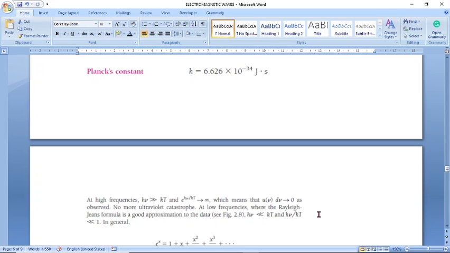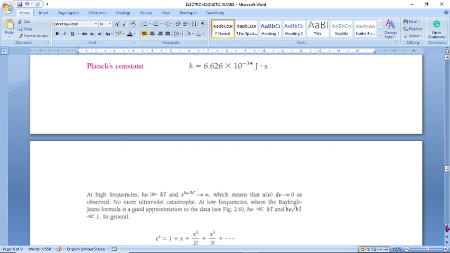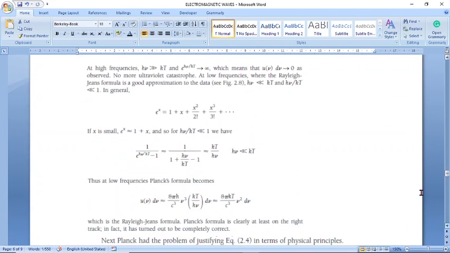At low frequencies, this approximates to the Rayleigh-Jeans formula. At low frequencies, h nu is much less than kT, so h nu by kT is less than 1. We can expand e power h nu by kT using the exponential series, so e power h nu by kT minus 1 is approximated to h nu by kT.